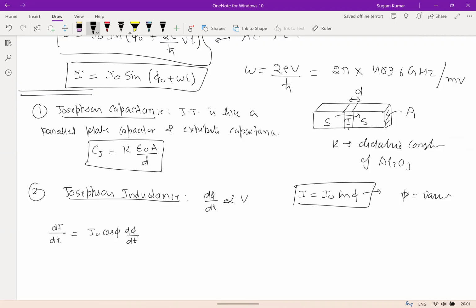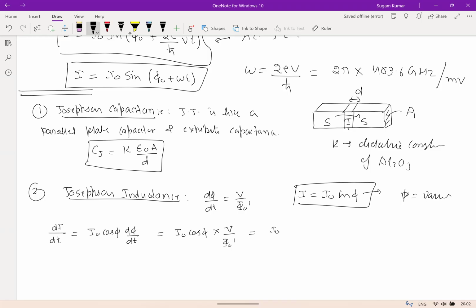But this d phi by dt you already know, this is equal to V upon phi naught dash. So you can put it here, and this is going to become I naught into cos phi into V upon phi naught dash. Further, let's simplify.